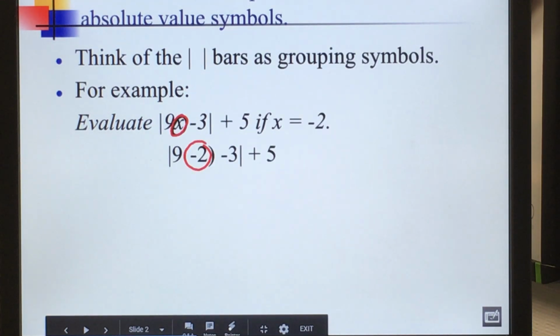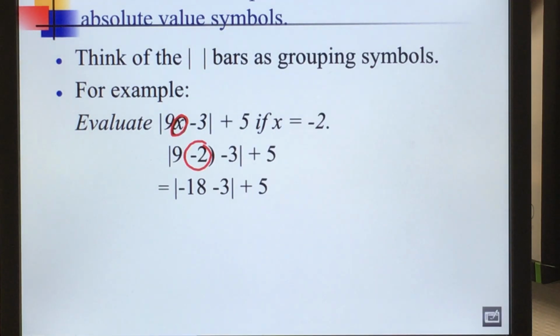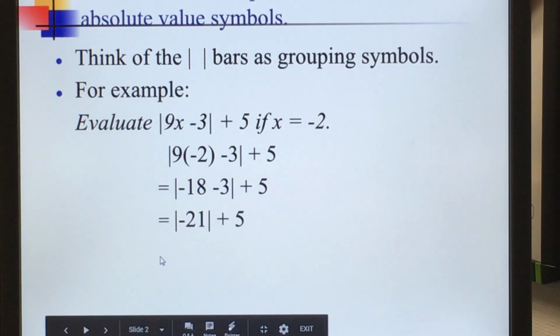Notice how x was replaced by -2, and then continue to simplify using the correct order of operations, multiplying 9 and -2 to get -18, and then combining -18 and -3 to get -21. Taking the absolute value of -21 gives 21, and adding 5 will give you 26.